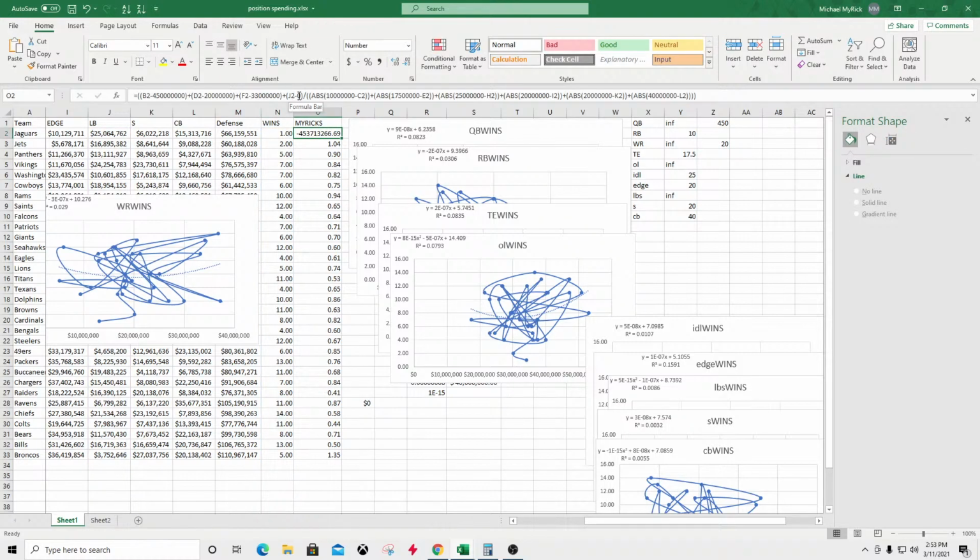All right, so here's the problem I've come up with. 17.5.